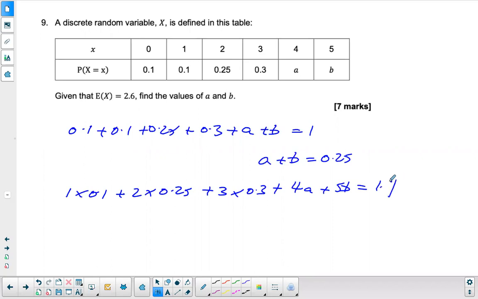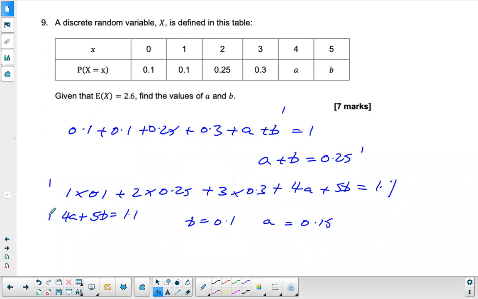And we have simultaneous equations there, which we can solve to find B is equal to 0.1 and A is equal to 0.15. And marks for that are 1 for that equation, 1 for simplifying it to that, 1 for this equation, and simplifying that final equation to 4A plus 5B equal to 1.1.